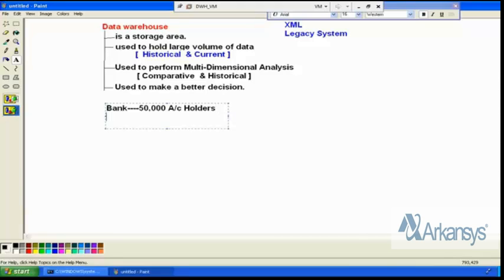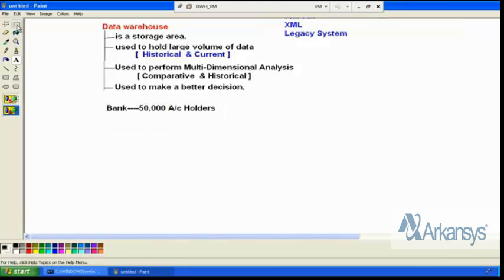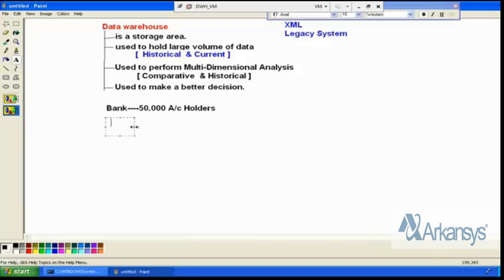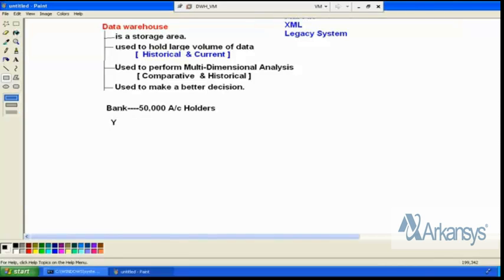And this bank is located in a region called Y. For example, I'm considering that this bank doesn't have any branches, only one office, and this bank is not providing any online services. Every customer has to come physically to the bank to do their activities.